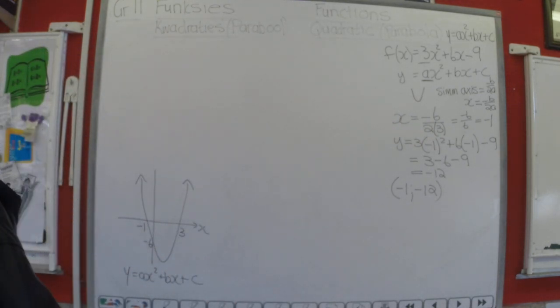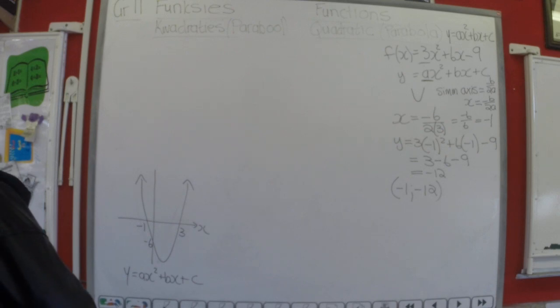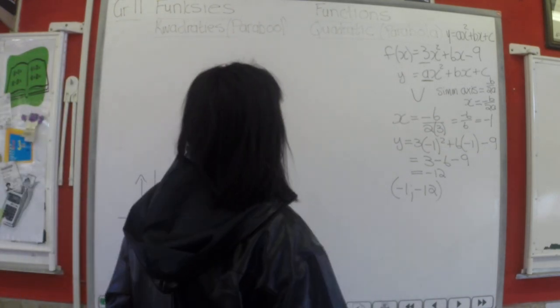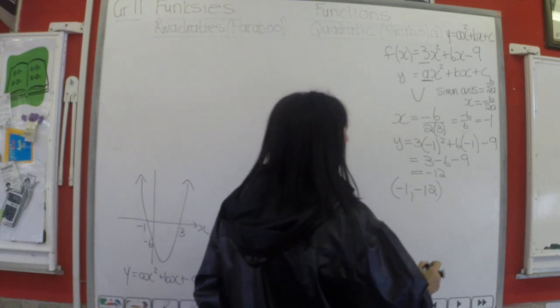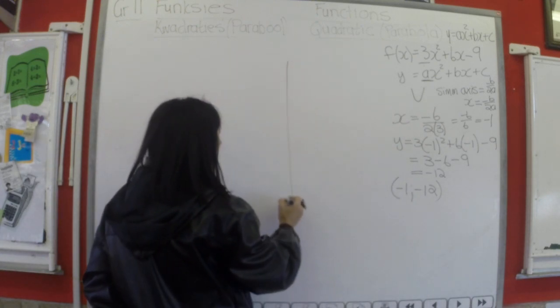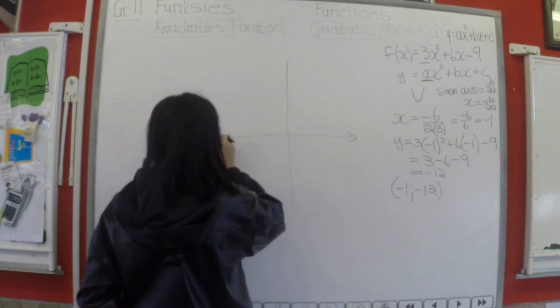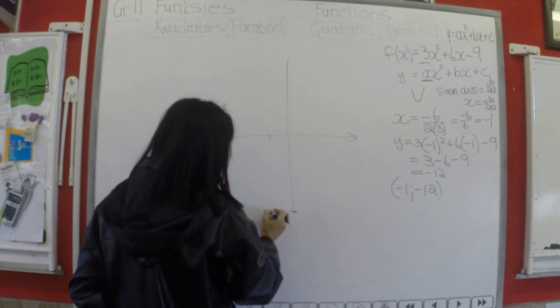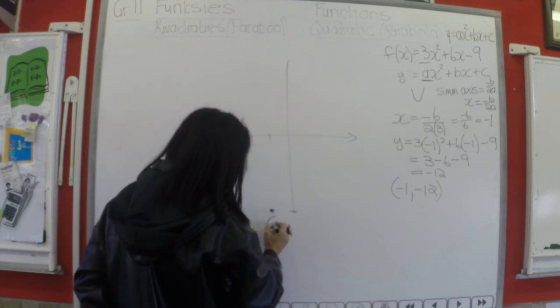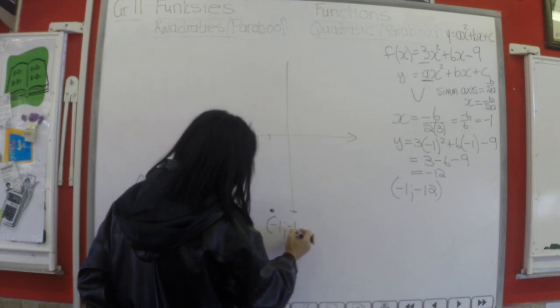Very easy to calculate. Ons gaan kyk net whether that's true. Minus 1, minus 12. Correct. So now I know it's a smiley face parabola. I've got my turning point over here, minus 1 minus 12.